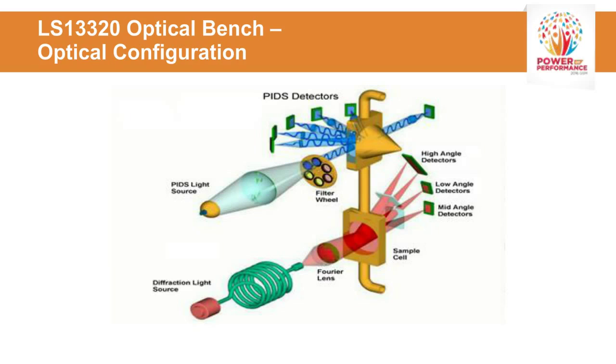Another unique feature of this coiled area here is essentially a spatial filter, but it's a fiber optic cable. It's a patented design of Beckman Coulter's, and this essentially eliminates the need for about 20 pinholes, lenses and things that can obviously go out of adjustment from older design systems.